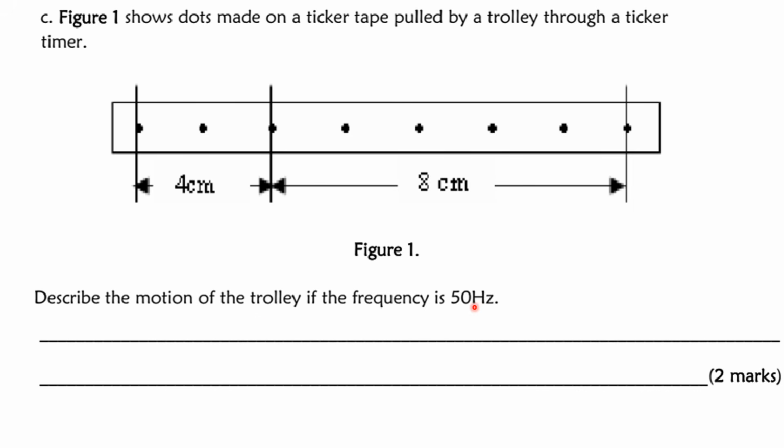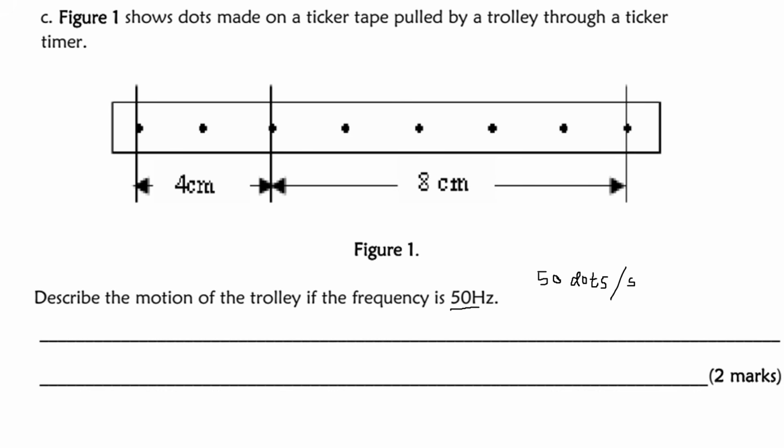So what does 50 hertz mean in this context? The 50 hertz given here simply means that it makes 50 dots per second.